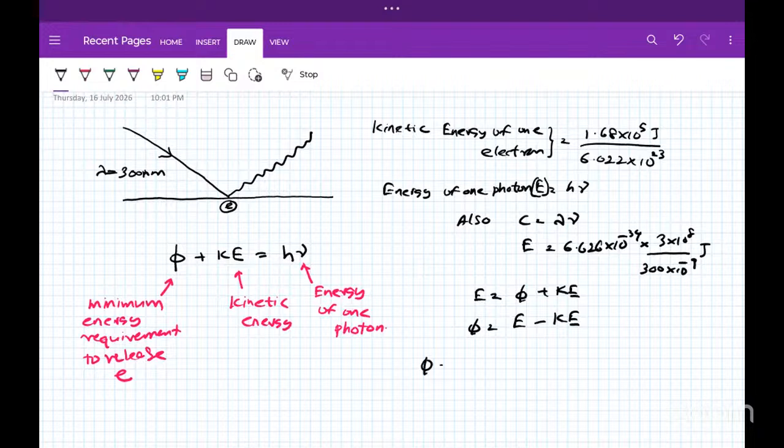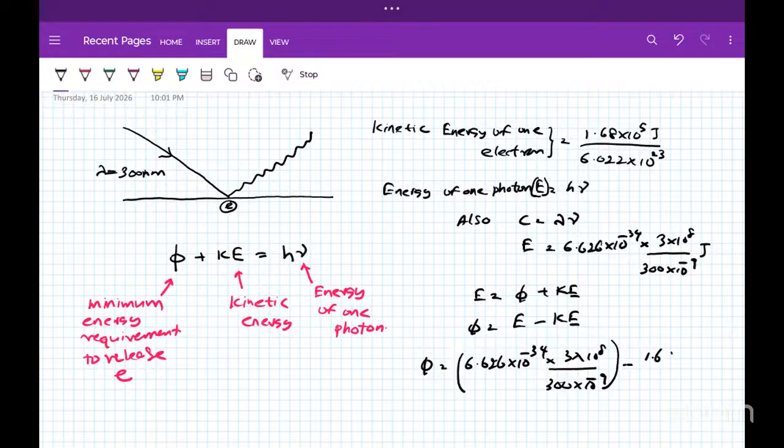So psi will be equal to E. We have calculated 6.626 into 10 to the power minus 34 into 3 into 10 to the power 8 divided by 300 into 10 to the power minus 9, minus this total one, minus kinetic energy. Now we have calculated that one, that is 1.68 into 10 to the power 5 joules divided by Avogadro number.